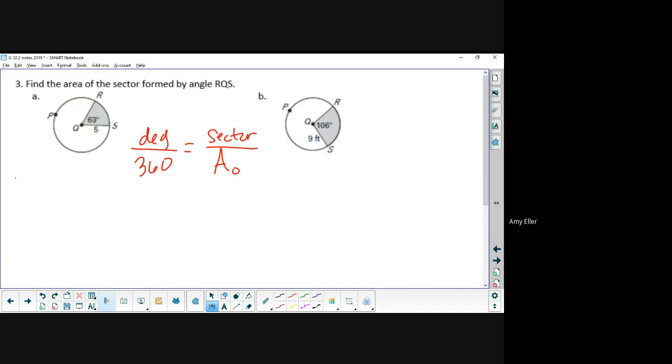Okay, let's fill in. The degrees are 63. This sector is what they're asking me for, so that's X.